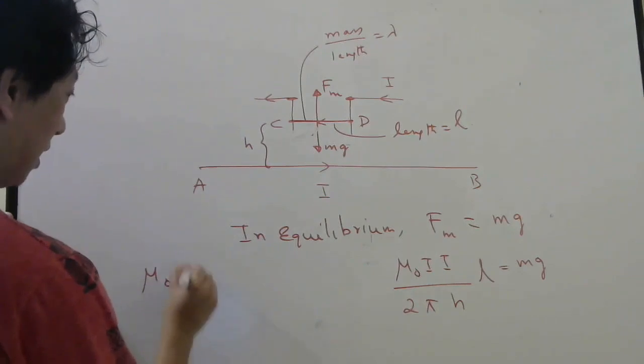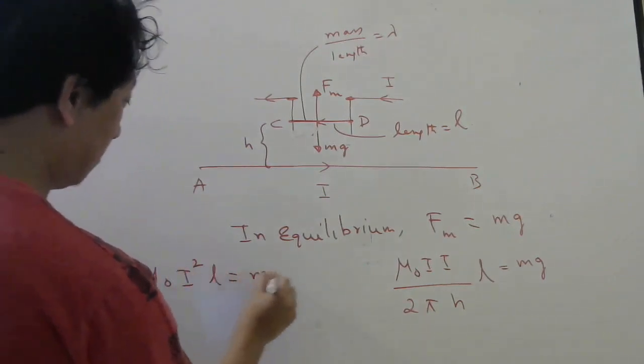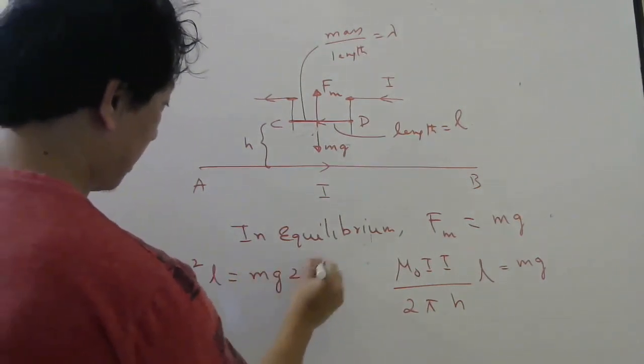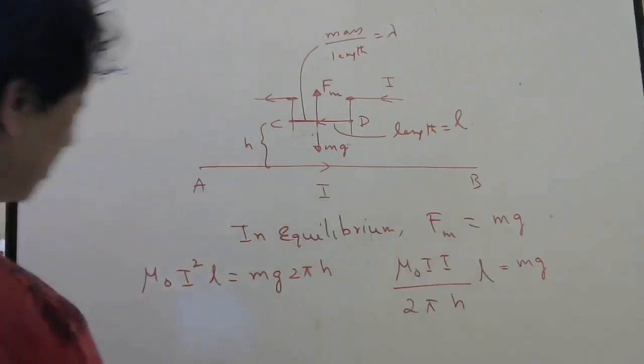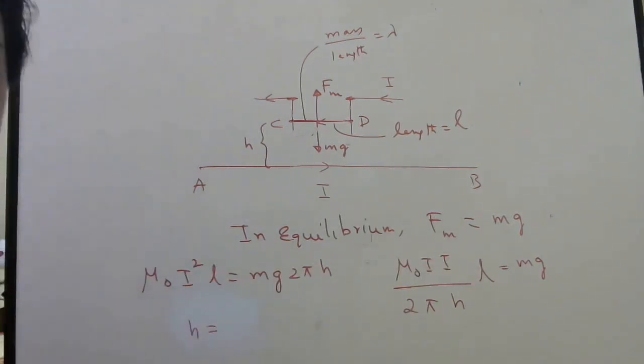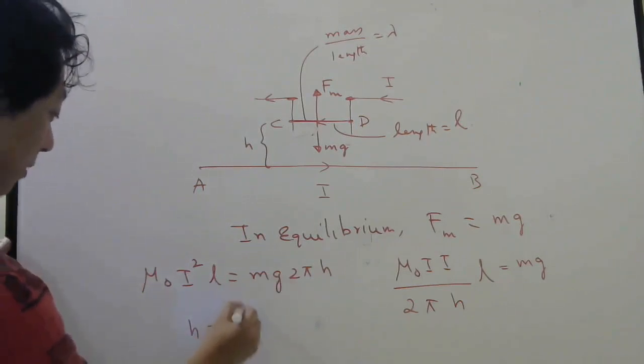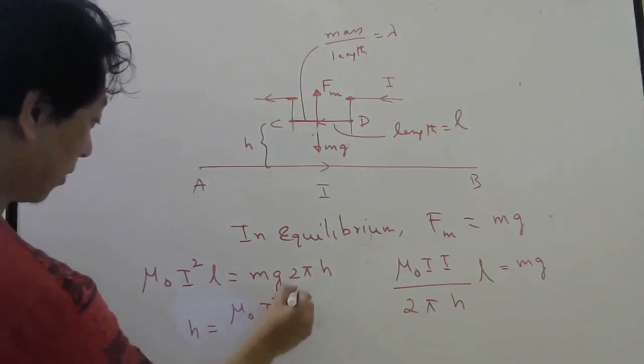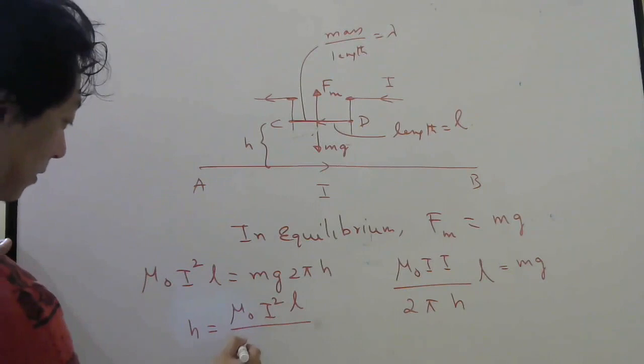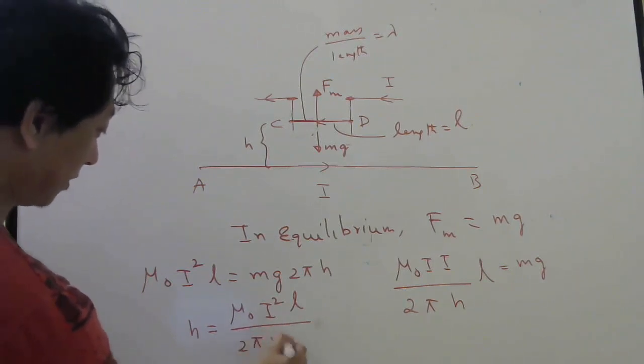Mu naught I square L equals mg 2 pi h. So h, the height up to which it will go, will be mu naught I square L by 2 pi mg.